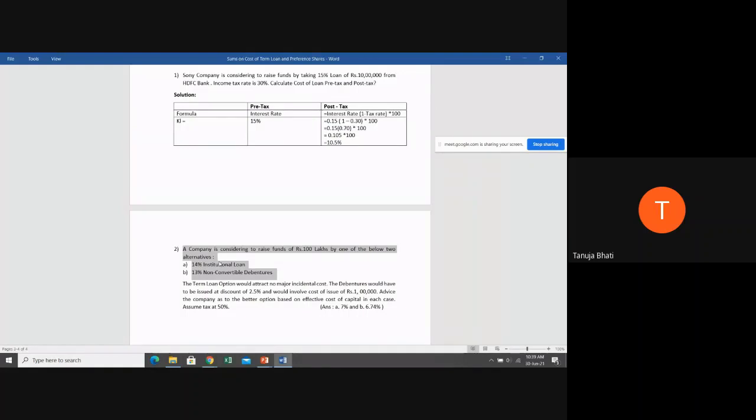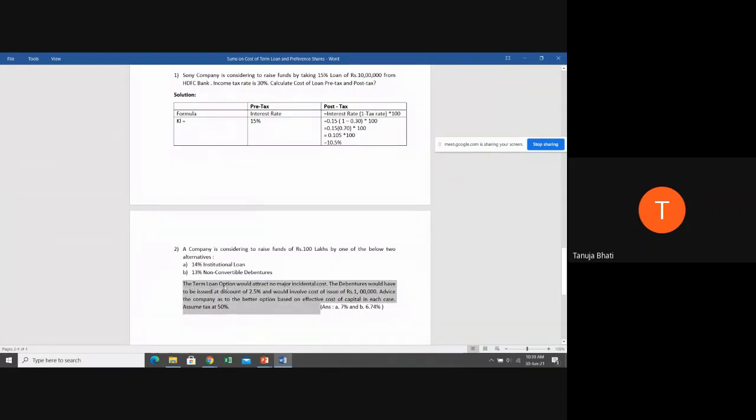One alternative is to take a 14% institutional loan, or the other is to issue 13% non-convertible debentures. Now let us see the further information.